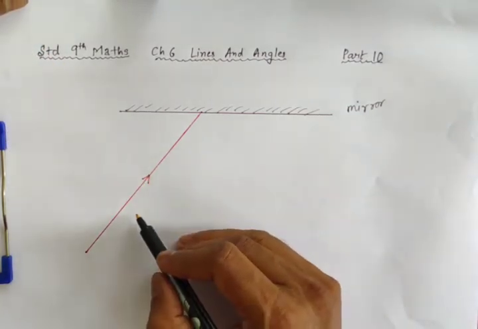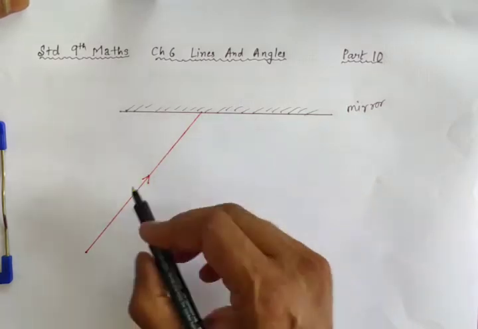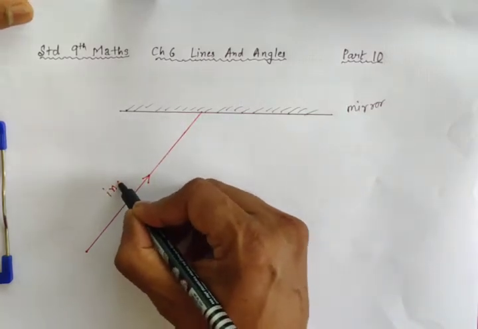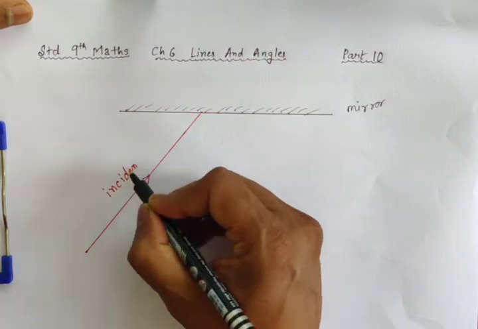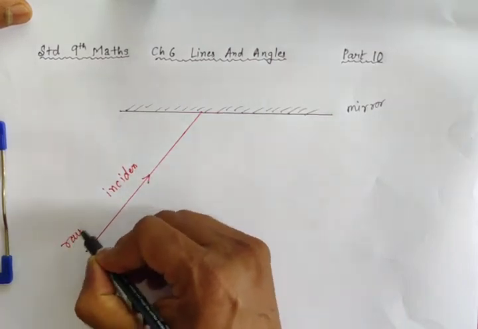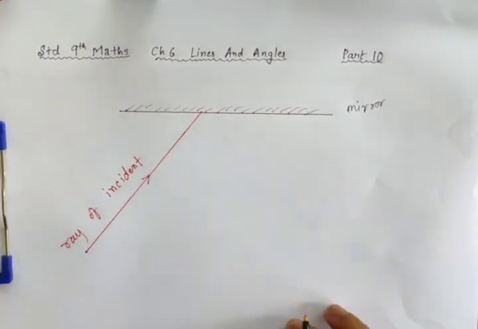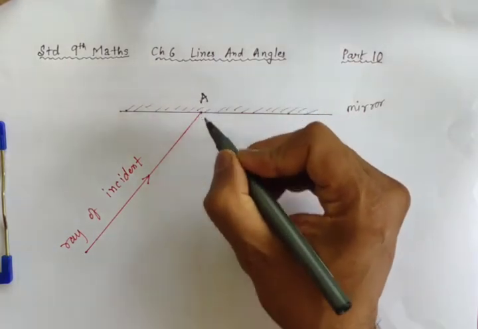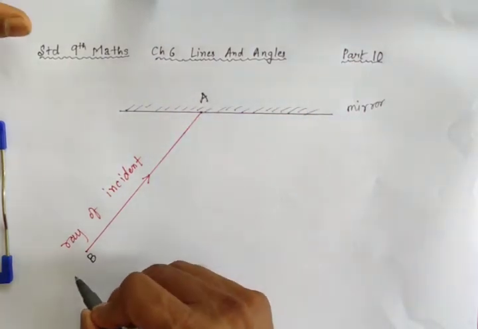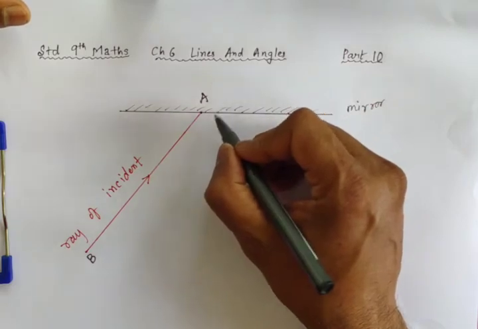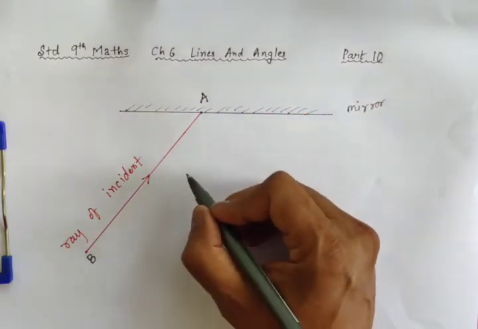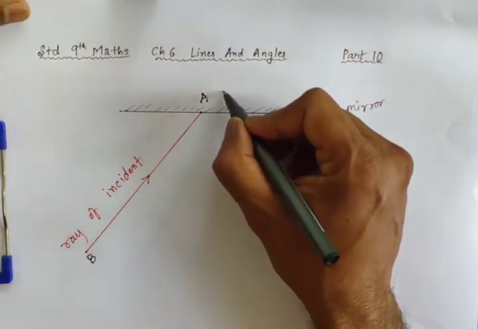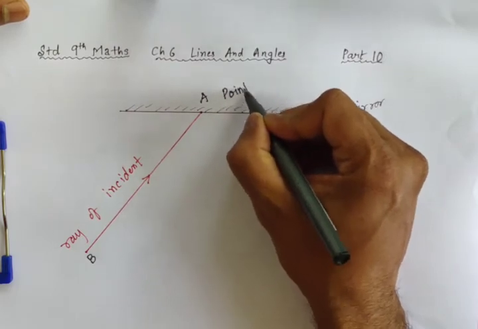Since this ray is traveling towards the surface of the mirror, it is called the ray of incidence, or the incident ray. Now children, very important, this point is A and this is B, so ray BA is the incident ray. Point A is called the point of incidence.